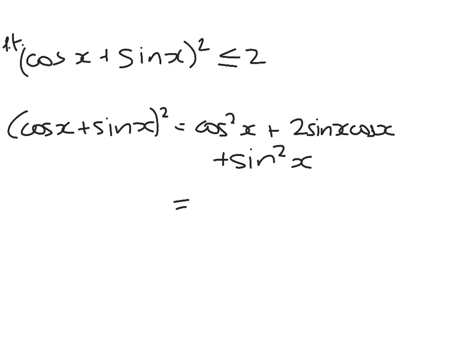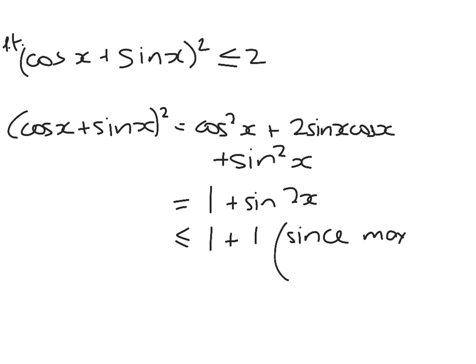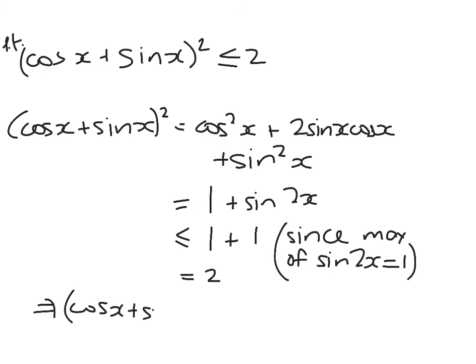And that's the same as 1 plus sine of 2x, and that's less than or equal to 1 plus 1, since the maximum value of sine 2x is equal to 1. So we've done it. It was that easy. So cos x plus sine x, squared, is less than or equal to 2.